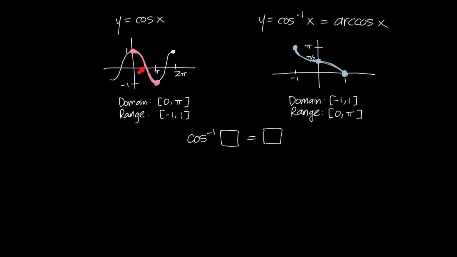Now, if we were to sketch the inverse by switching x and y coordinates, or by reflecting over the line y equals x, we would get this blue graph on this side. Okay, and as you can see here, the domain of the original became the range of the inverse, and the range of the original became the domain of the inverse. So what does that mean?